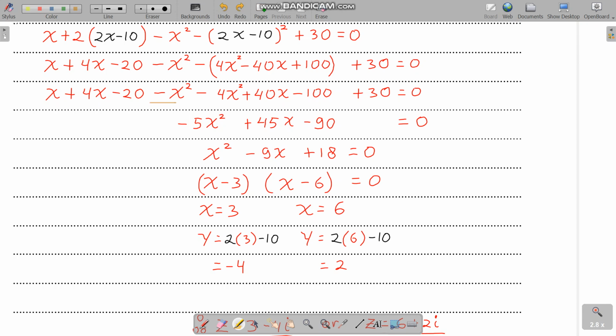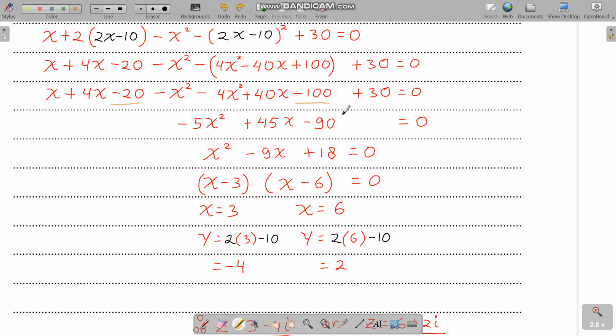The x squared term, minus x squared minus 4x squared, we get this. For the x term, we have 5x plus 40x, 45x, and minus 20 minus 100, minus 120, plus 30, minus 90.